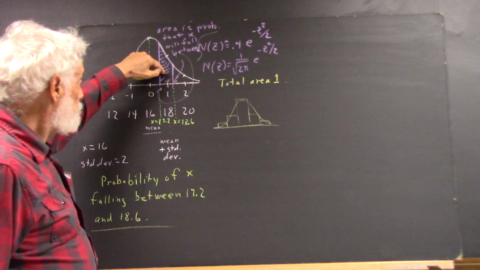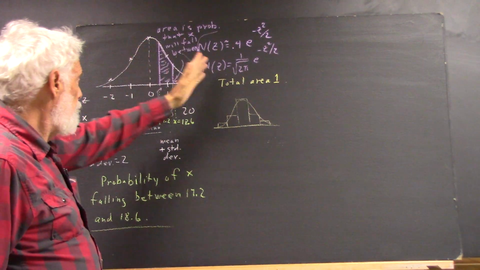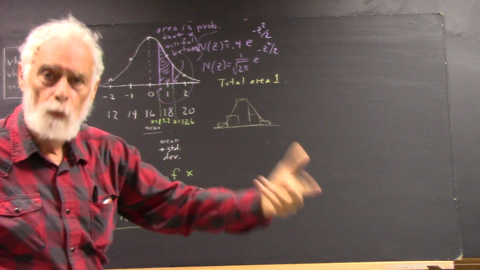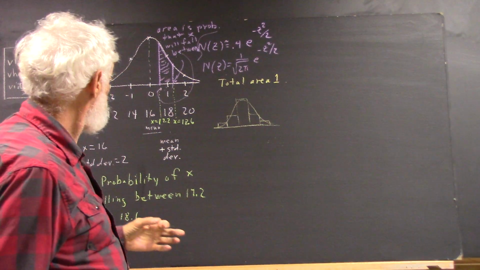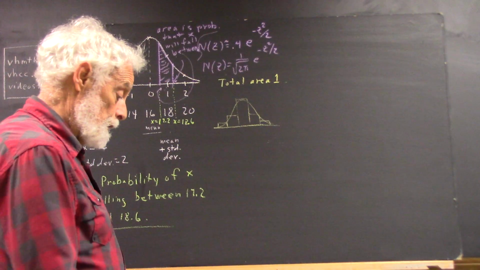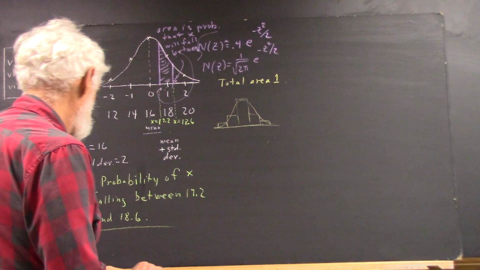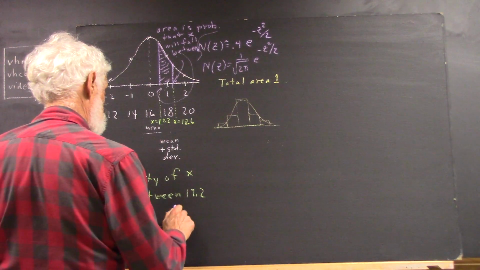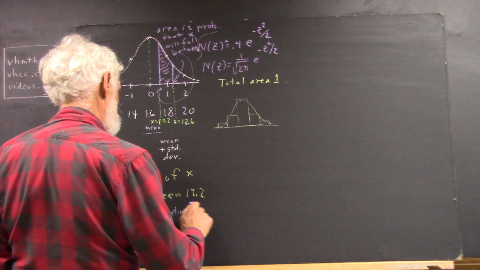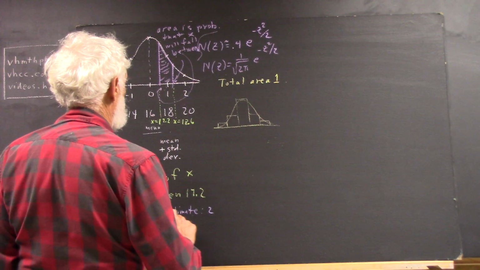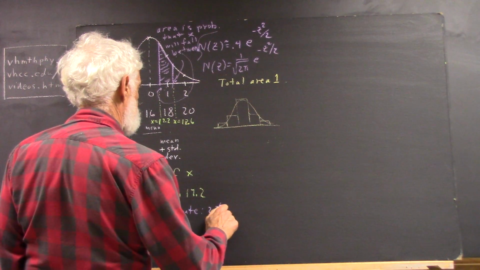Okay, so it's a little less than half of half. Well, half of half would be 1/4, would be 0.25 or 25%. So I'm going to estimate the area under here. I'm going to go 23%.